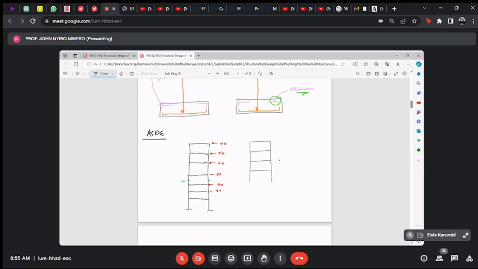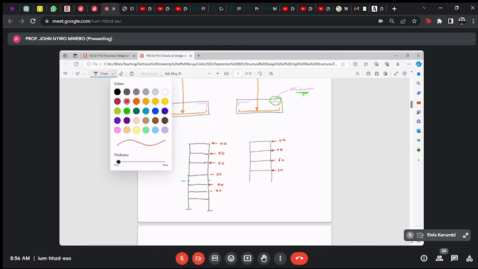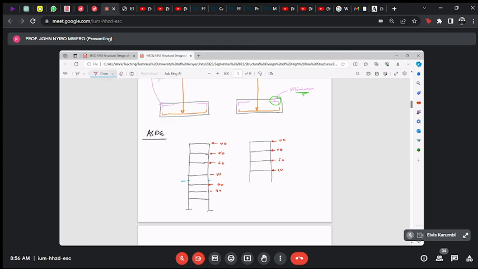And you have to deal with this force here. So that's 100, that's 80, that's 60, that's 50. Can you tell me the value of the shear force that is being resisted here?